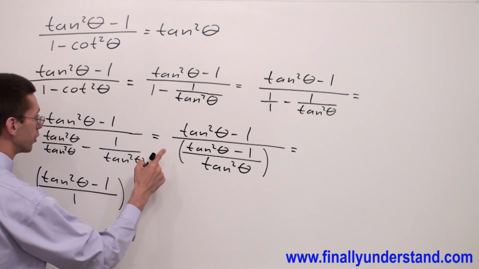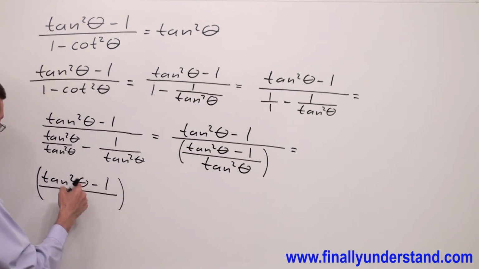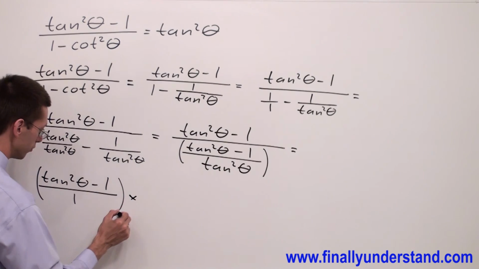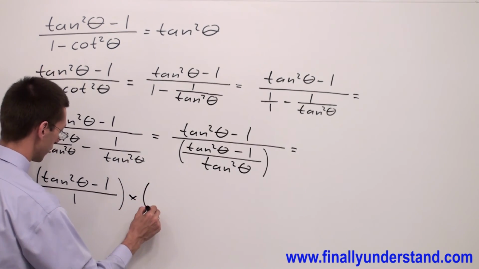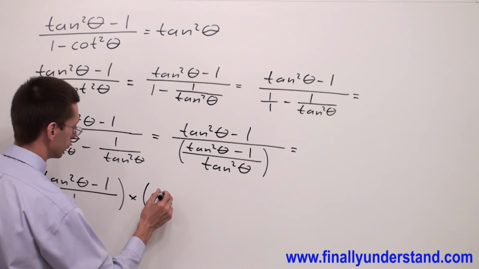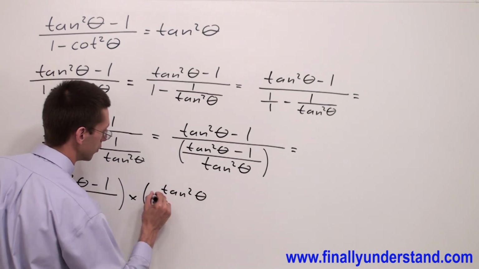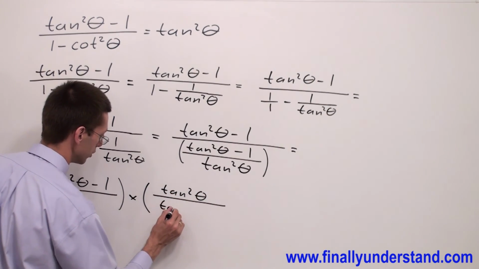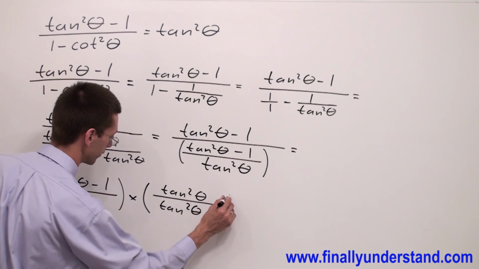And anytime we perform the division of fraction, we're supposed to copy the first one down, and the division sign we have to change to the multiplication and multiply the first fraction by the reciprocal of the second fraction. We have tangent square theta over tangent square theta minus 1.